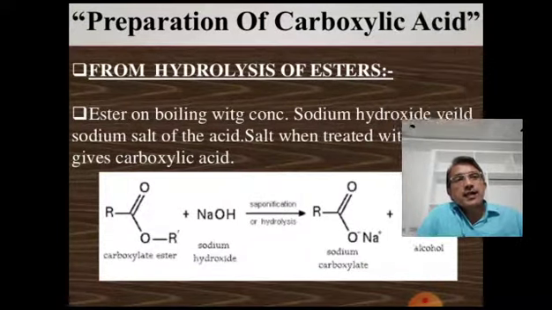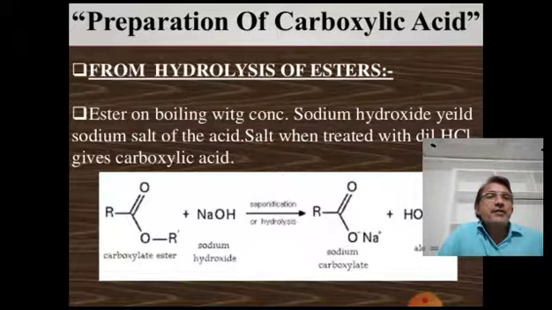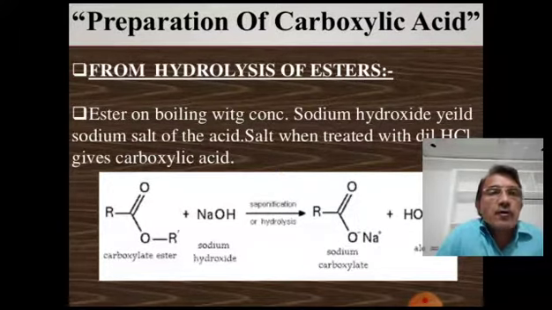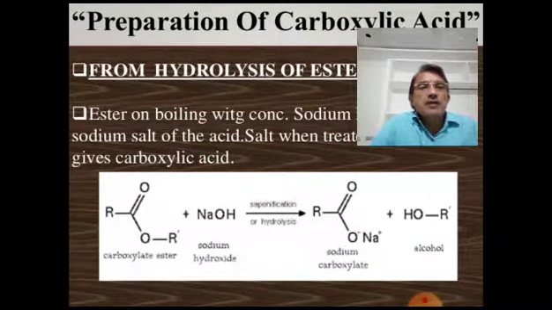Carboxylic acids can also be prepared from hydrolysis of esters. Ester on boiling with concentrated sodium hydroxide yields sodium salt of the acid. Salt when treated with dilute HCl gives carboxylic acid. Equation is given: RCOOR, carboxylate ester.